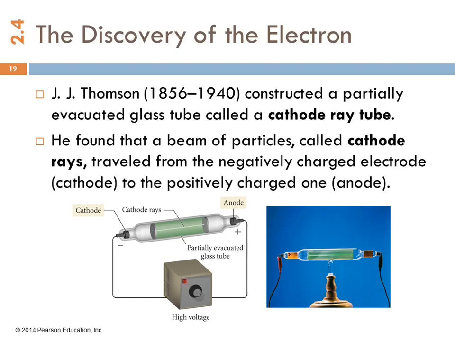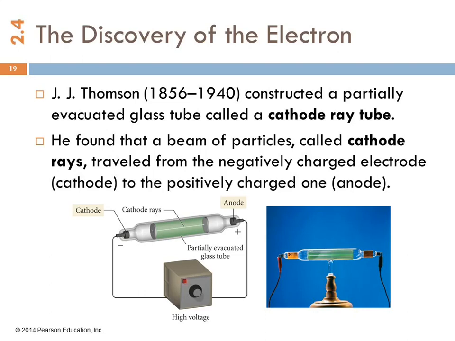So J.J. Thomson, this guy lived back in the 1800s, 1900s. He was using something called a cathode ray tube. So this is a partially evacuated glass tube, and you apply a high voltage across the tube.